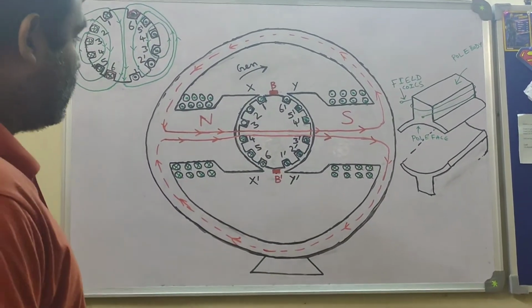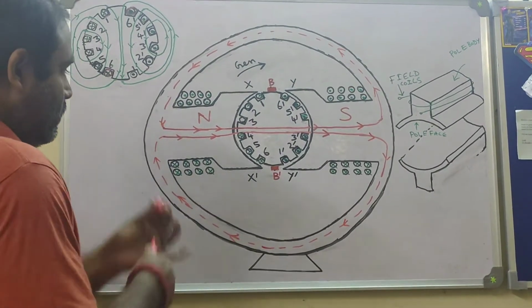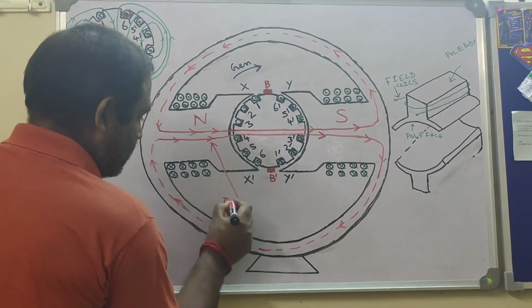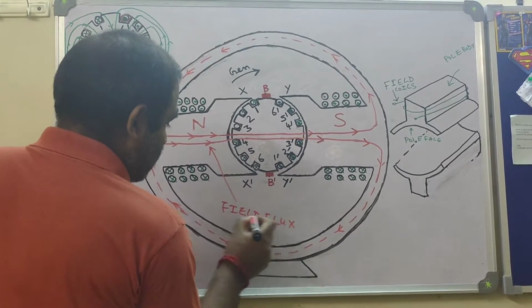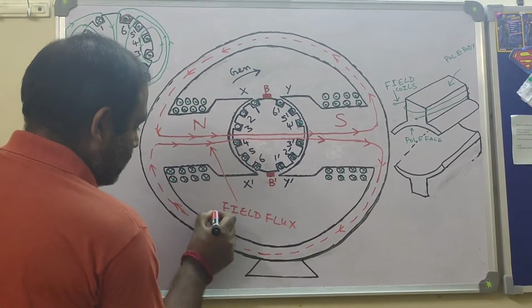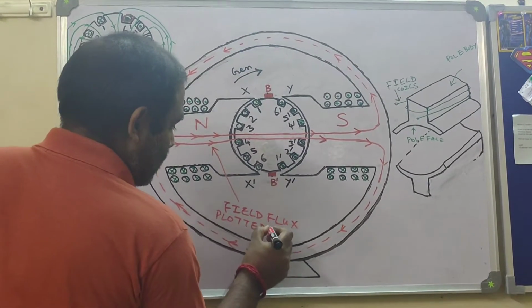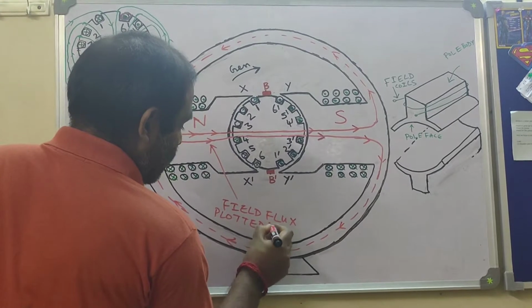Now, this is your field flux. These lines of flux are field flux, but let me tell you, this field flux has been plotted assuming armature current is 0, that means at no load.